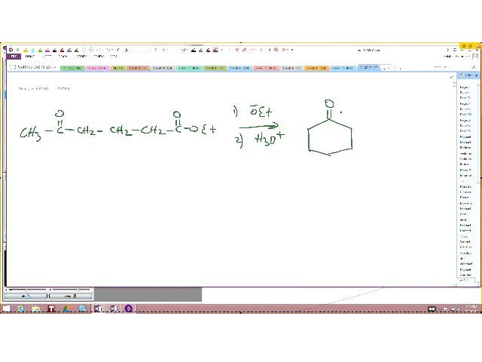Of course, at this point we are losing this. Let us number this: carbon 1, 2, 3, 4, 5, and 6. So we are joining carbon 1 and carbon 6. If this is 1, this is 6, therefore this is 2, this is 3, this is 4, and this is 5.